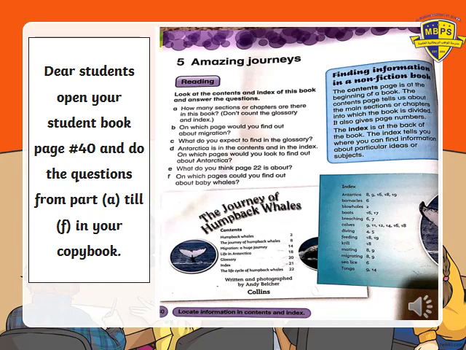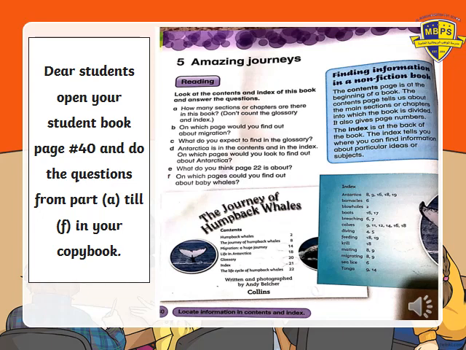The B part is, on which page would you find out about migration? You will focus on the table of contents and find out the answer, right? Third is, what do you expect to find in the glossary? What can we find in the glossary?